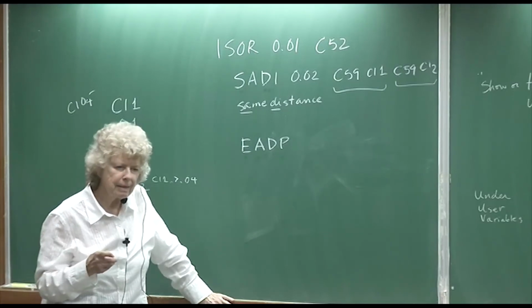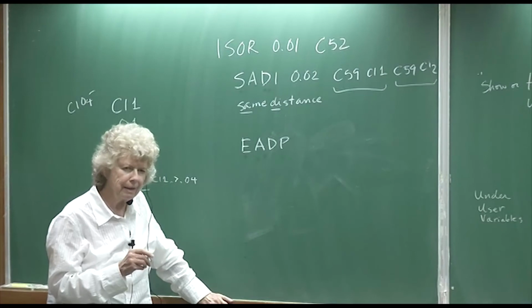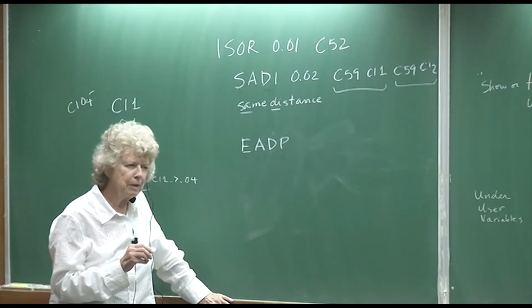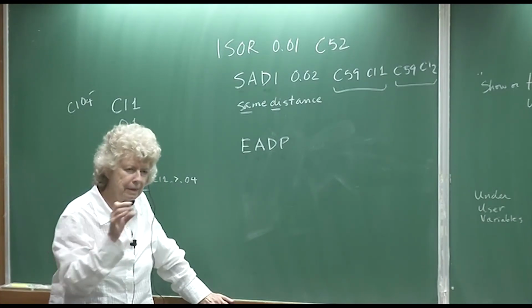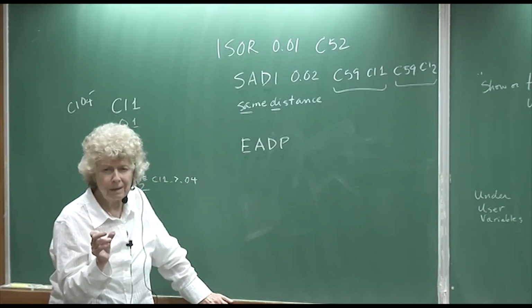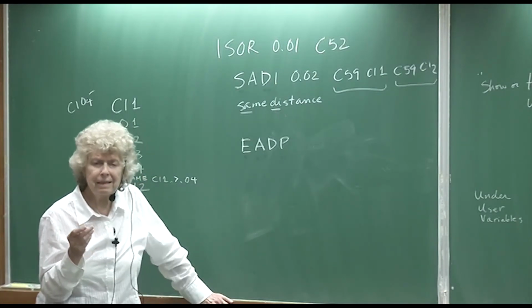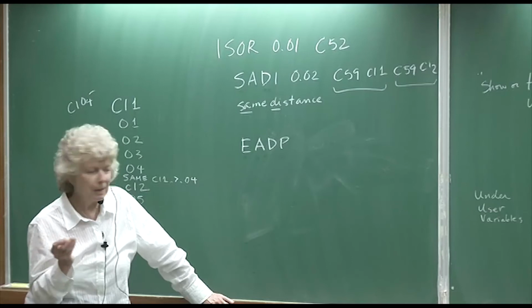You would use this, for example, when you have a mixed occupation site. You can use it when you have not only the same exact position for two atoms, but if you have two atoms very close to one another in a disordered model. Too close would be less than 0.5 angstroms in my experience.